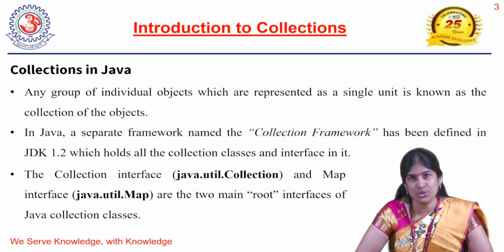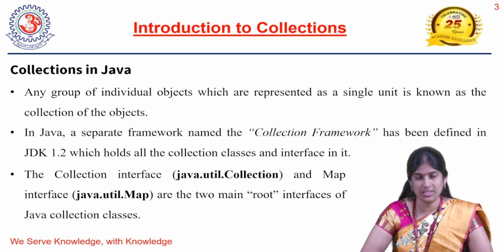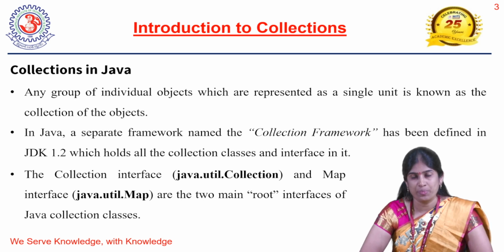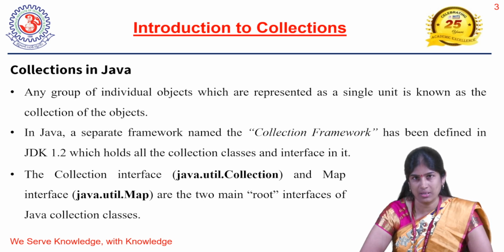Coming to the introduction to collections in Java, a very important topic in Java. Grouping of objects into a single unit is known as a collection of objects. For this, we have a separate framework called the collection framework, which has been defined in JDK 1.2, which holds all the classes and interfaces in it.